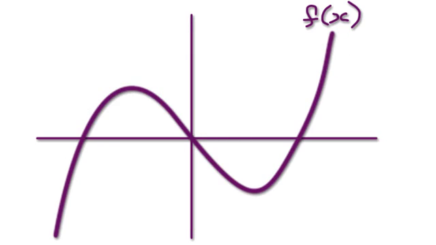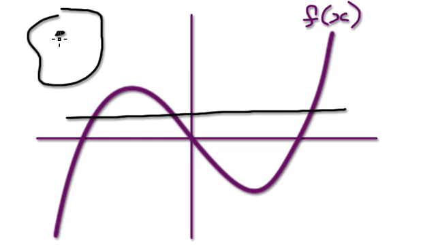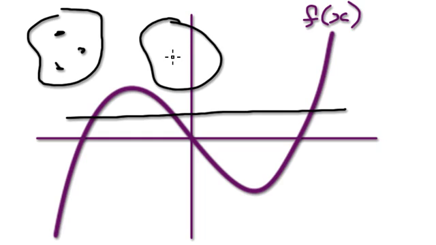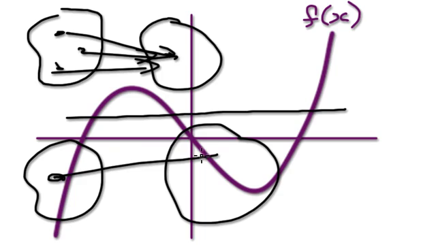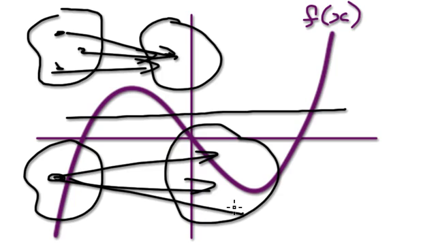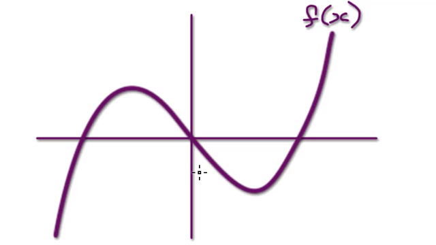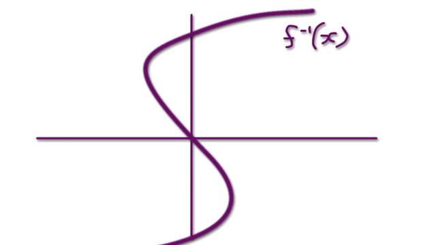The thing that I'm trying to illustrate here is that when you have a many-to-one function, the inverse, meaning this one goes over here, will not be a function.